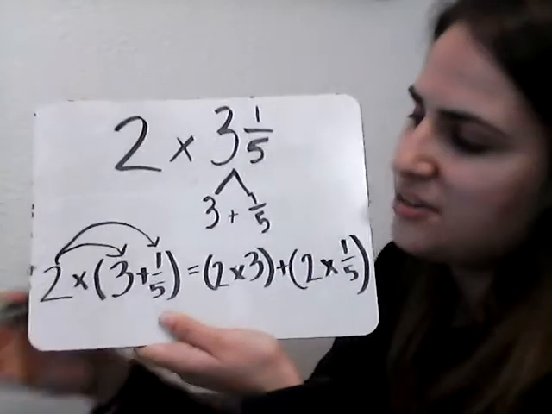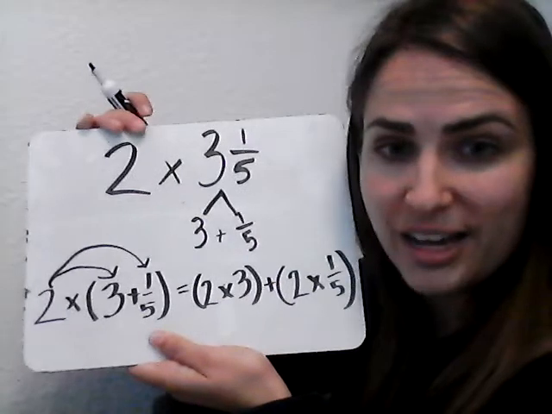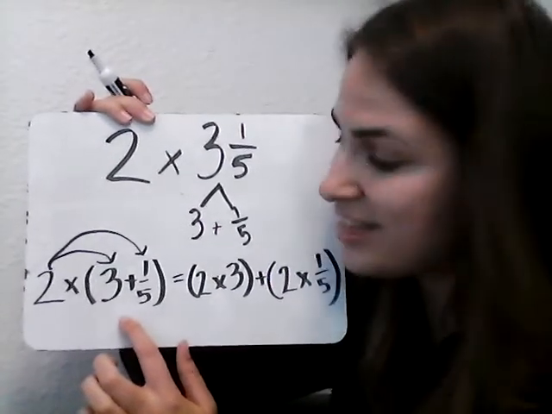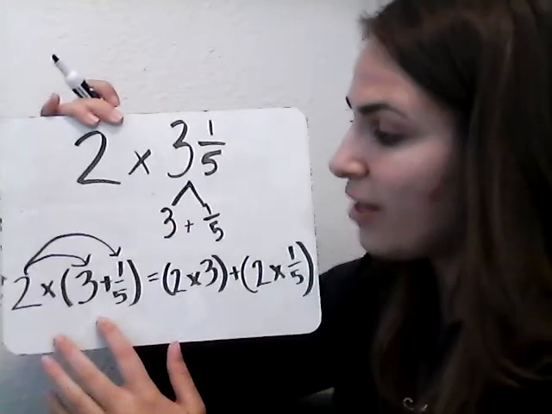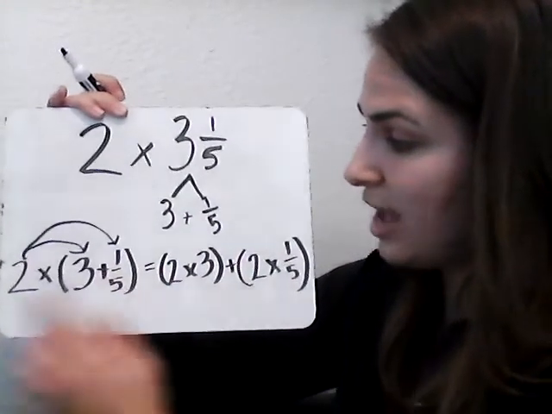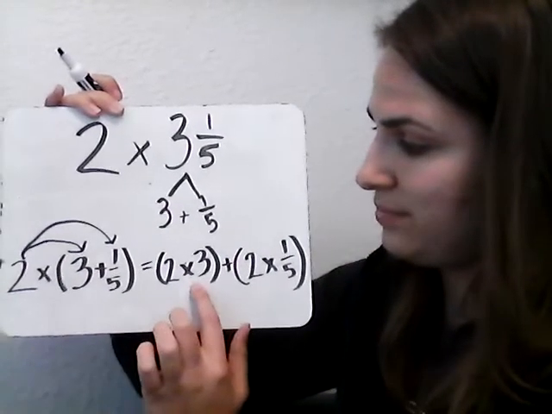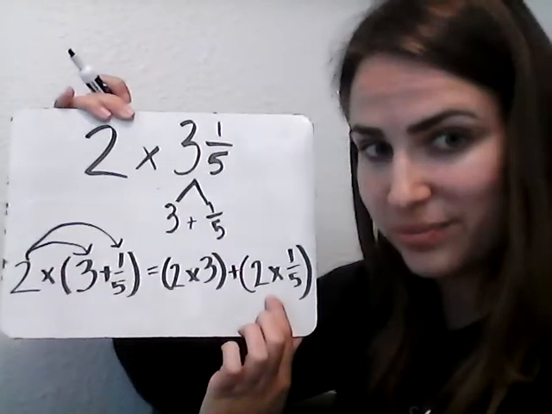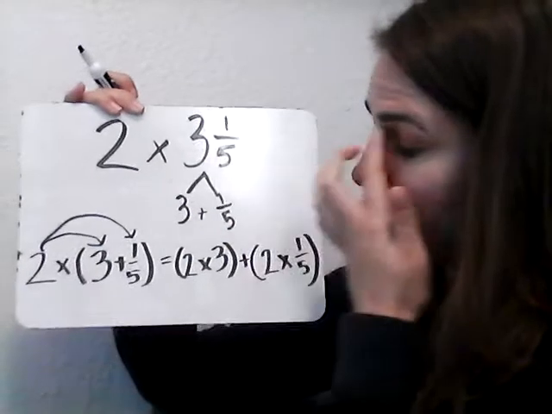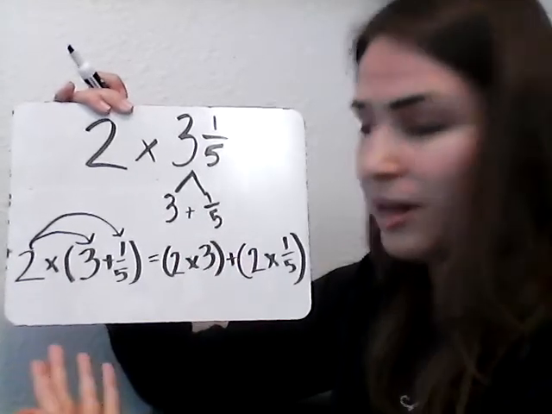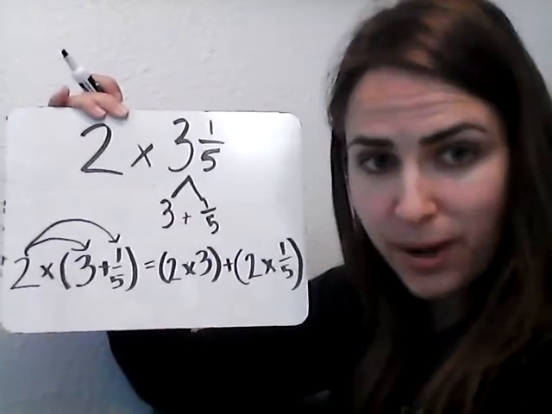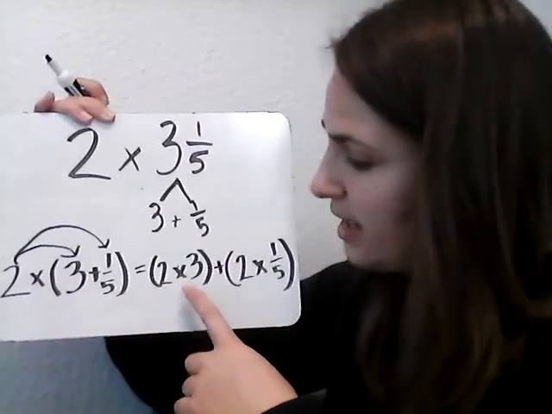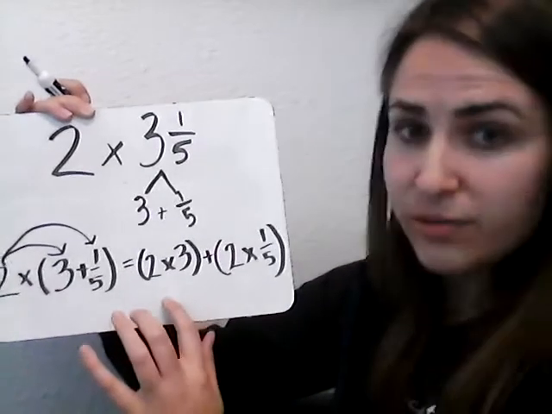Okay, so using the distributive property, we broke apart 3 1/5 into 3 plus 1/5, and now we're multiplying 2 times 3, which is here, and then we're adding it to 2 times 1/5, which is right over here. Using this strategy helps us to break apart the problem into more manageable steps. And now we're just going to simplify.